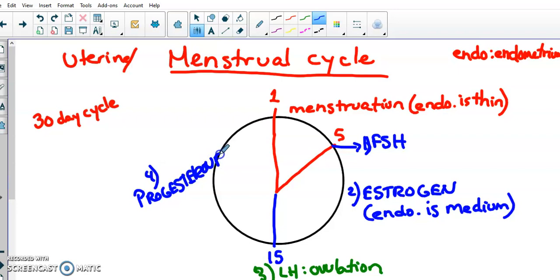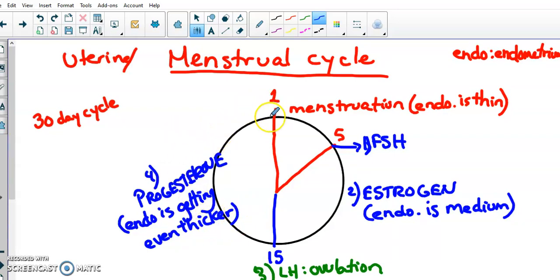Progesterone, right? And in this case, now the endometrium is getting thicker and thicker, even thicker due to the progesterone.